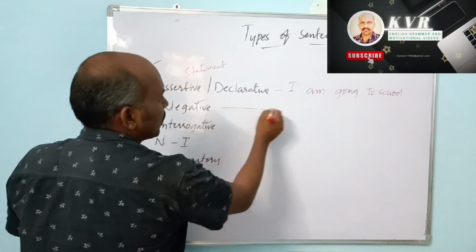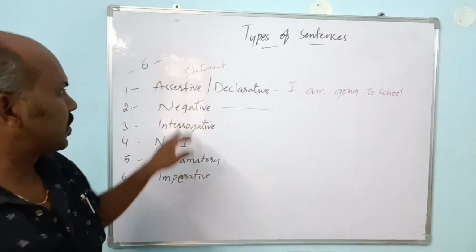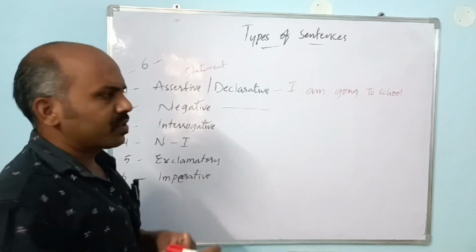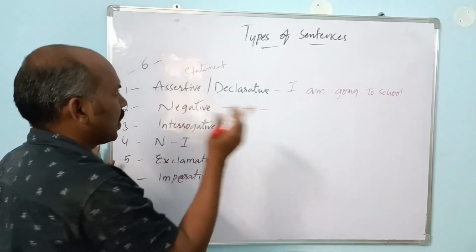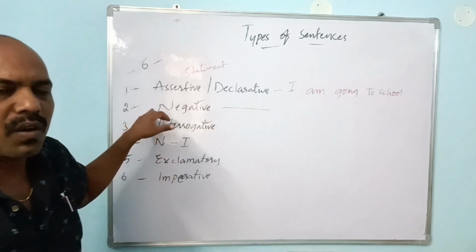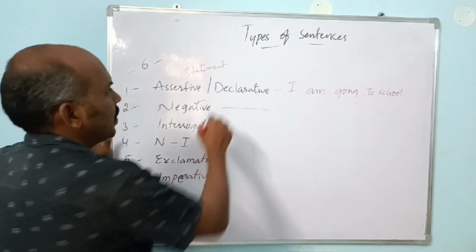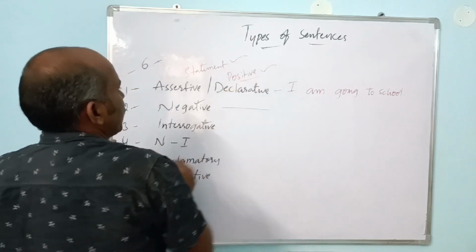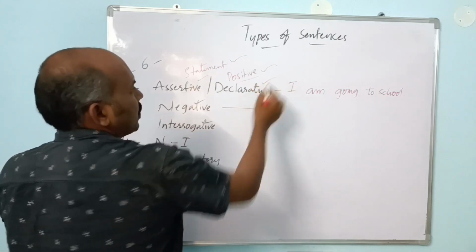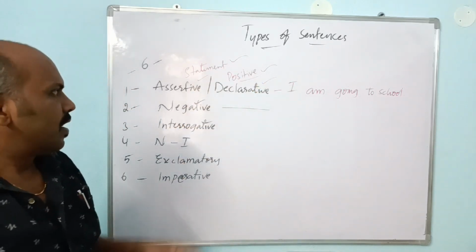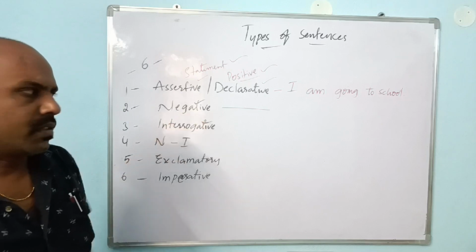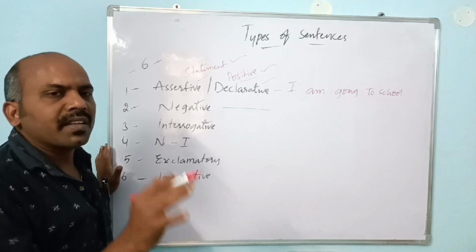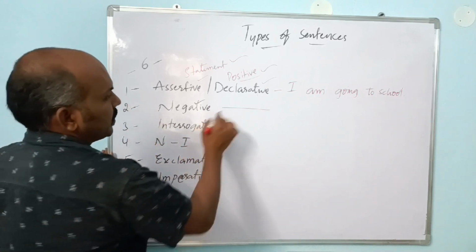So if you turn the same assertive sentence into negative, negative means actually giving the opposite, right? And the assertive is also called positive, a statement, an assertive and a declarative sentence, and from that we can get a negative sentence. For an assertive sentence, for a declarative sentence, for a statement, if we add negative words, what are they?